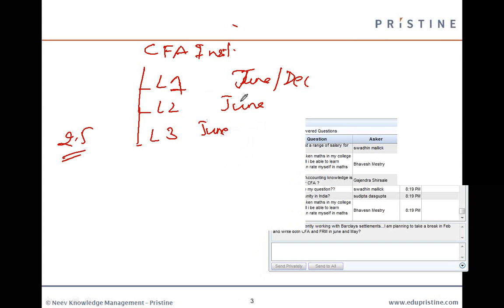All these 3 exams have 2 sessions, that is a morning session and afternoon session, both of 3 hours duration. Good news is that level 1 and level 2 are completely multiple choice questions. That is, you need not write anything. You have to just select the best option among the 3 choices provided. Level 3 has 2 parts.